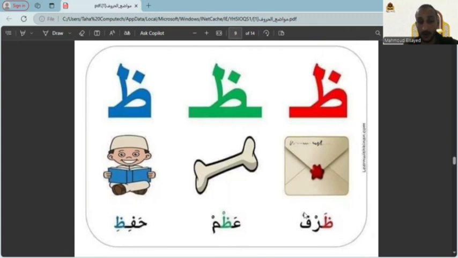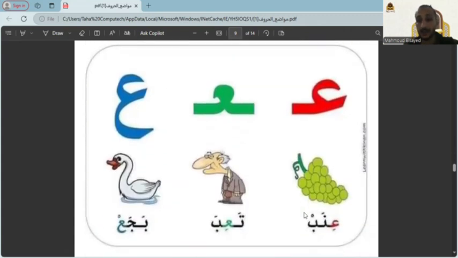Moving on to the letter Ain, it also can come in the three positions. It can come at the beginning, like Ainab. This is a word like Ainab, and then Ta'ib, or Ta'ab, depending on the way it's written.